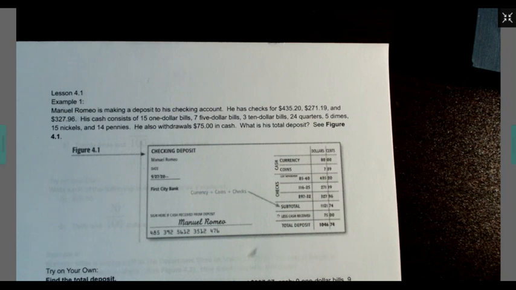His cash consists of 15 $1 bills, 7 $5 bills, 3 $10 bills, 24 quarters, 5 dimes, 15 nickels, and 14 pennies. He also withdraws $75 in cash. What is his total deposit? See figure 4.1.